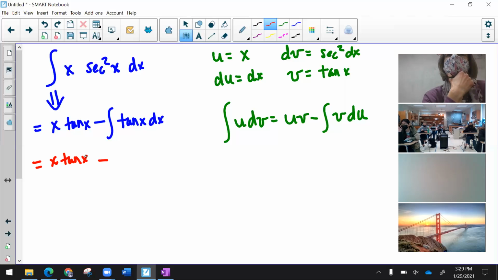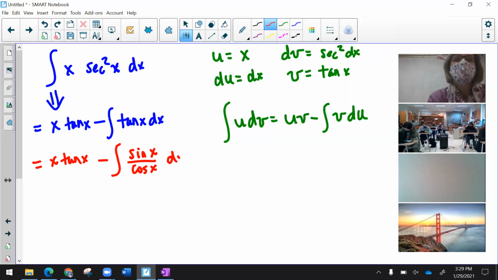Okay. Fiona, what do you got for us? Maybe you can change it into sine over cosine. Yeah, sine x over cosine x. And now you've come to an integral. Can you solve it by inspection? Can you solve it using substitution?